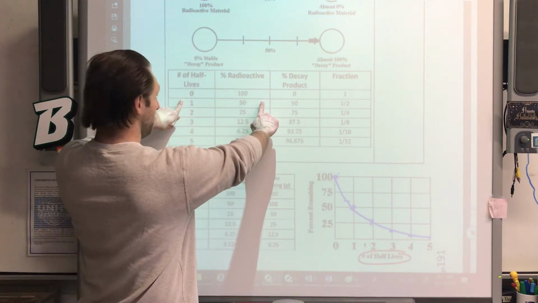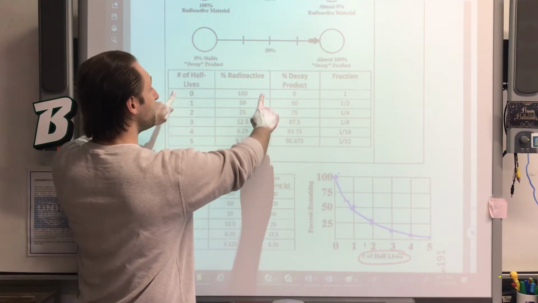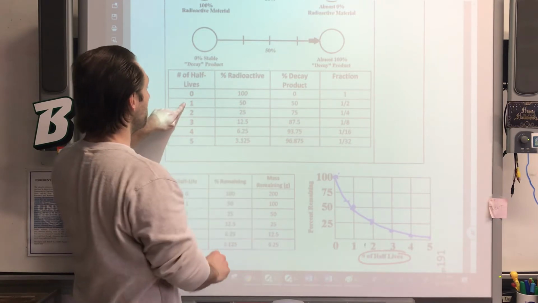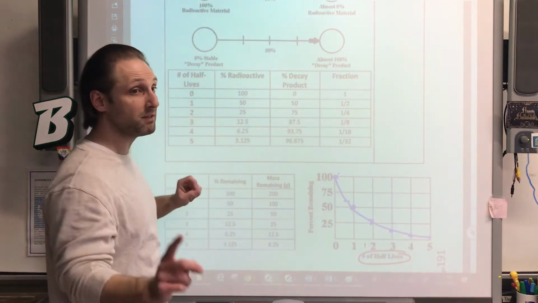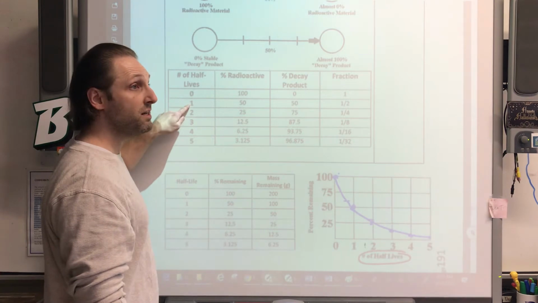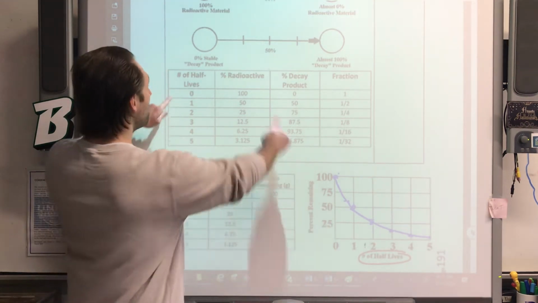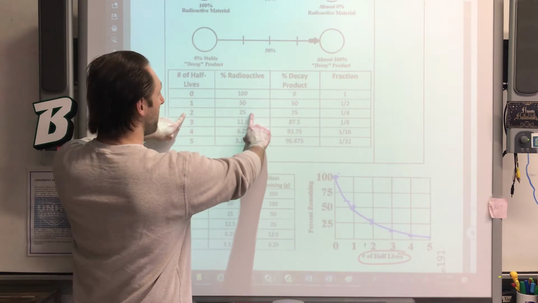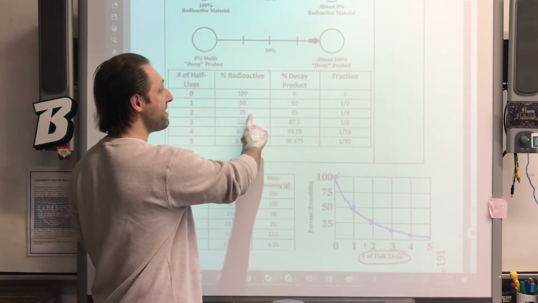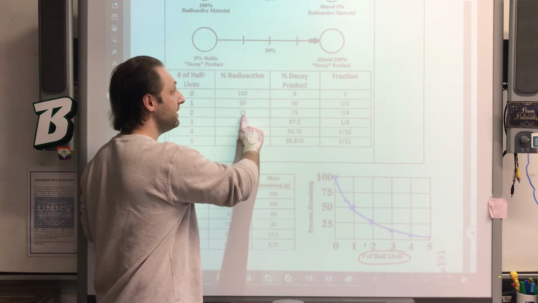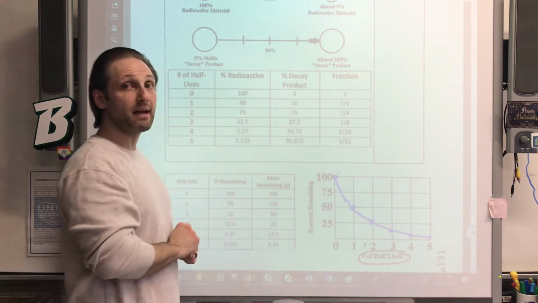If we go from 1 half-life to the second half-life, again, we don't know the amount of time yet, but it's the same amount of time. So from 0 to 1 and from 1 to 2, the amount of time is the same. So we go from 1 half-life to 2 half-lives. We lose half of the radioactivity that was originally left in the sample.